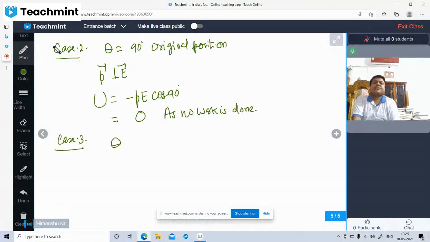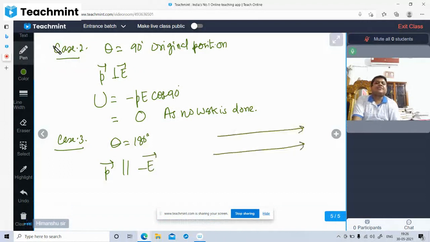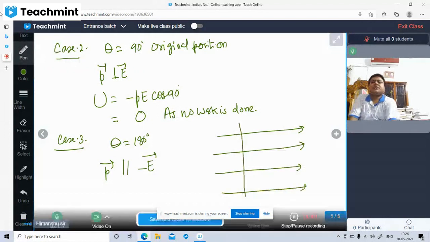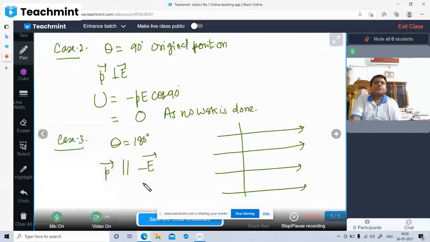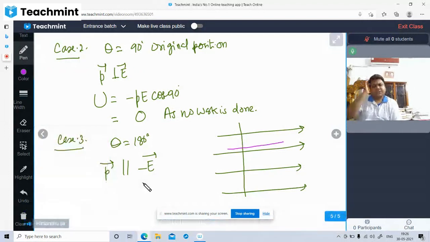So now case number 3. Case number 3 is theta equal to 180 degrees. That means anti-parallel, so P vector is minus E vector. Here is the electric field, and it is the original position. Now change the color. So here it is minus q, it is plus q.